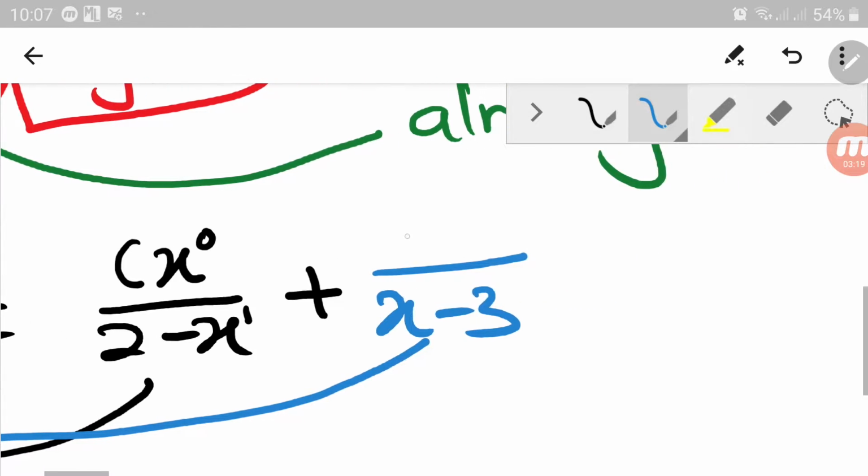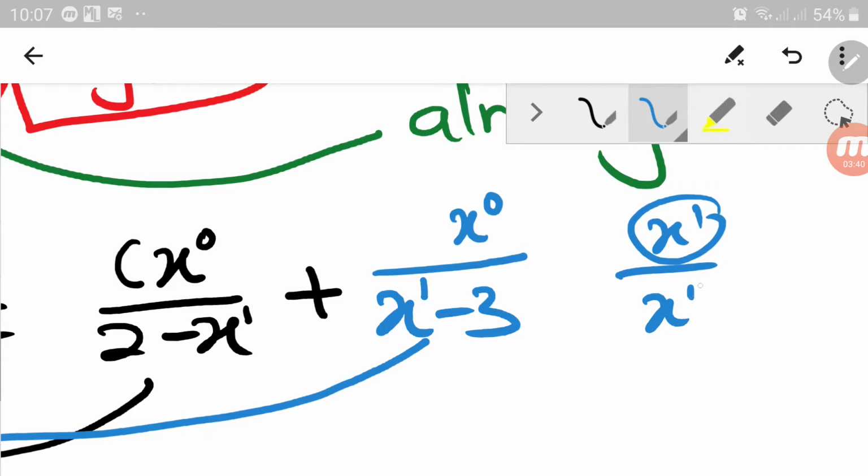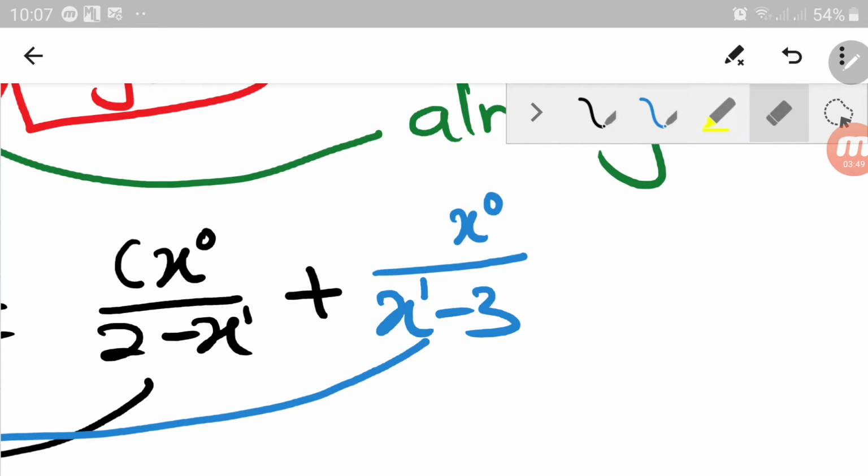Now for the second fraction, the denominator is degree 1, x power 1. So the highest possible power of x in the numerator is 0. It cannot be 1, because then the degree of the numerator is not less than the denominator, and it will not be a proper fraction.